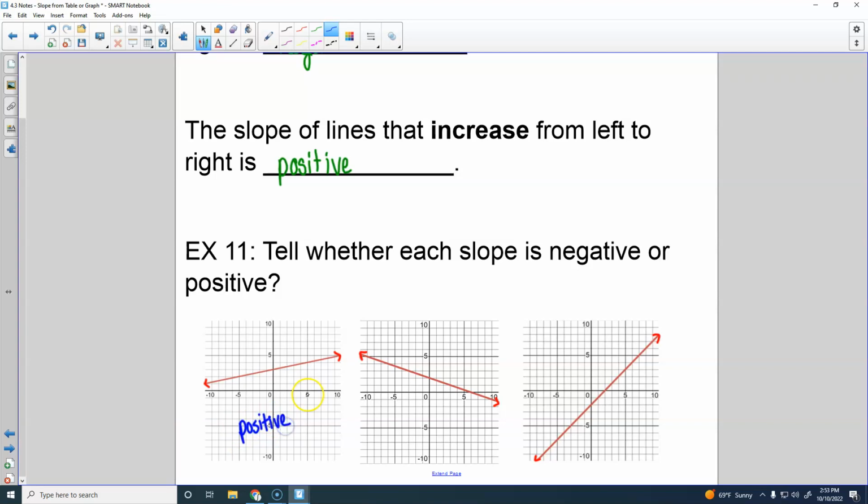As I start over here on the left-hand side and go to the right, I'm increasing, so it has a positive slope. Camel, what about the second one? That one's negative. And Eddie, what about the last one? That one's positive. So always check this. If you have a decreasing line, you should have a negative slope. If you have an increasing line, you should have a positive slope.